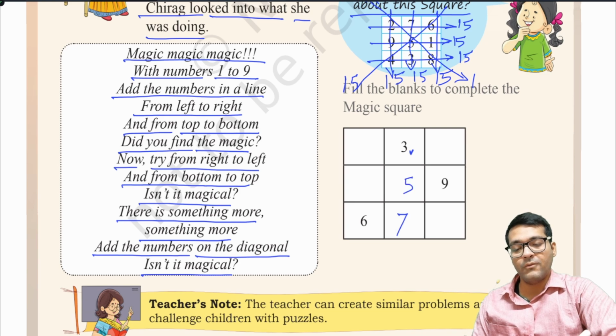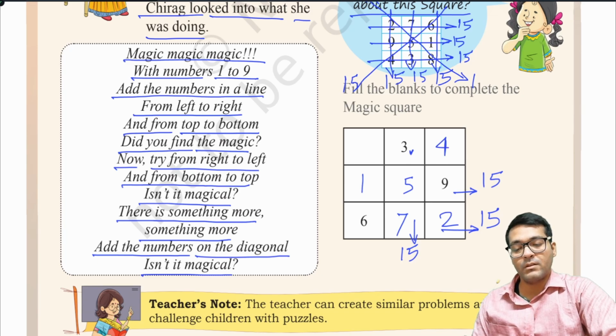For example, suppose here it is 3 given and I write here 7 and here 5. That means 3, 5, 8 and 7 will give you 15 upside down. Similarly, 7 and 6 here, 2 will give you 15 here. 9 and 5 will give you 14 and 1 will give you 15 here. Similarly, 9 and 2, 11, 11 and 4.